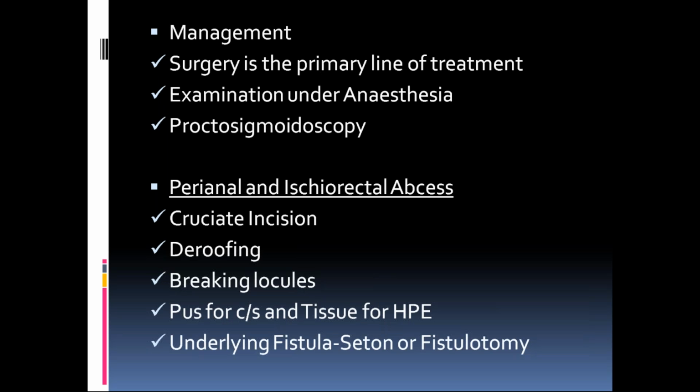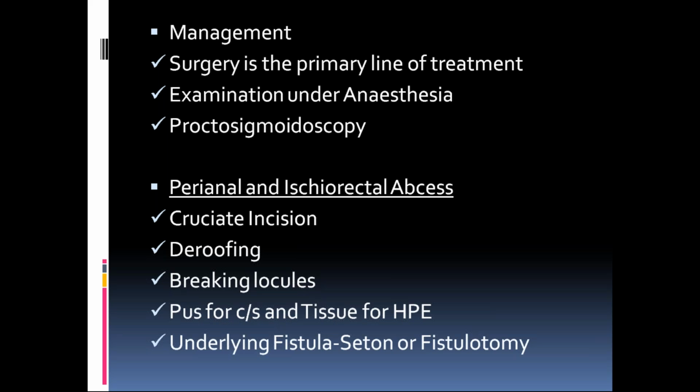After that, you put a gloved finger gently into the wound cavity and gently break the locules. Within the abscess cavity there will be multiple septa, and within those septa there will be collections of pus. So you have to put the finger into the abscess cavity and break all the septa.